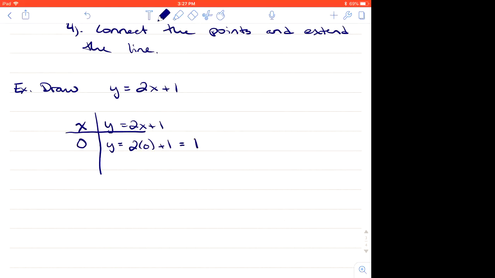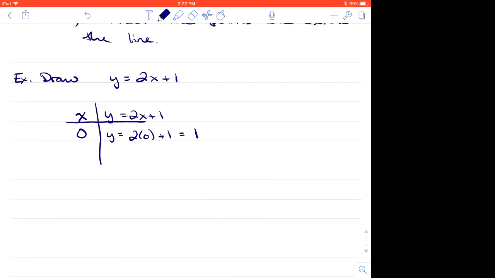Now, you don't have to show this work for simple things like this, but once we have nastier equations, I think it's a good idea to show your work, just in case something happens. And then what's another nice value of x? 1's nice, 2's nice. Usually whole numbers.